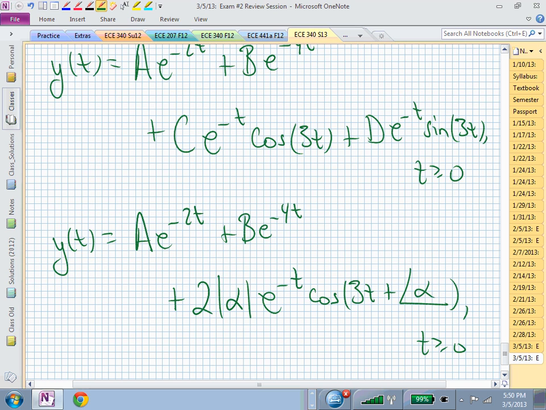It's just the magnitude of alpha and the angle of alpha are related to capital C and capital D in an appropriate way. But I'll accept any of those solutions. And those are different lines of line 10 in table 4.1. And it's really whatever approach you want to use is fine.